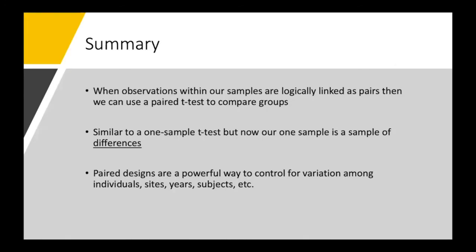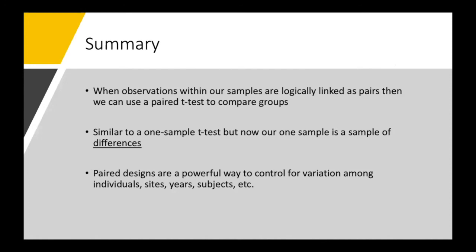So in summary then, when observations within our sample are not independent, but instead are logically paired, then instead of using an independent samples t-test, we use a paired t-test to compare groups. A paired t-test is similar to a one-sample t-test, but now our one sample is made up of these differences between observations within a pair.